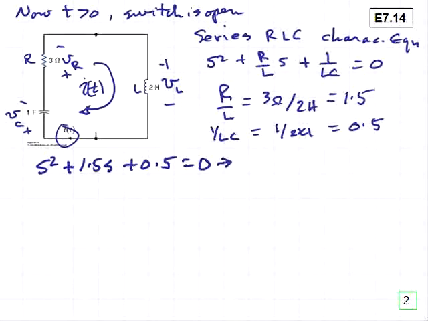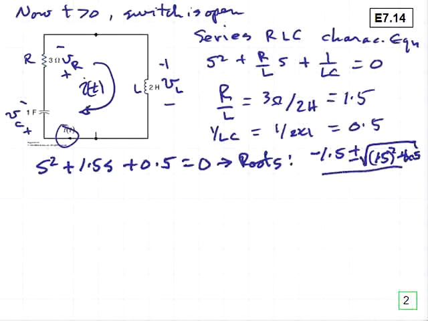The roots of this are minus 1.5 plus and minus the square root of 1.5 squared minus 4 times 0.5, divided by 2. And solving, we have S1 is equal to minus 1, S2 is equal to minus 0.5.